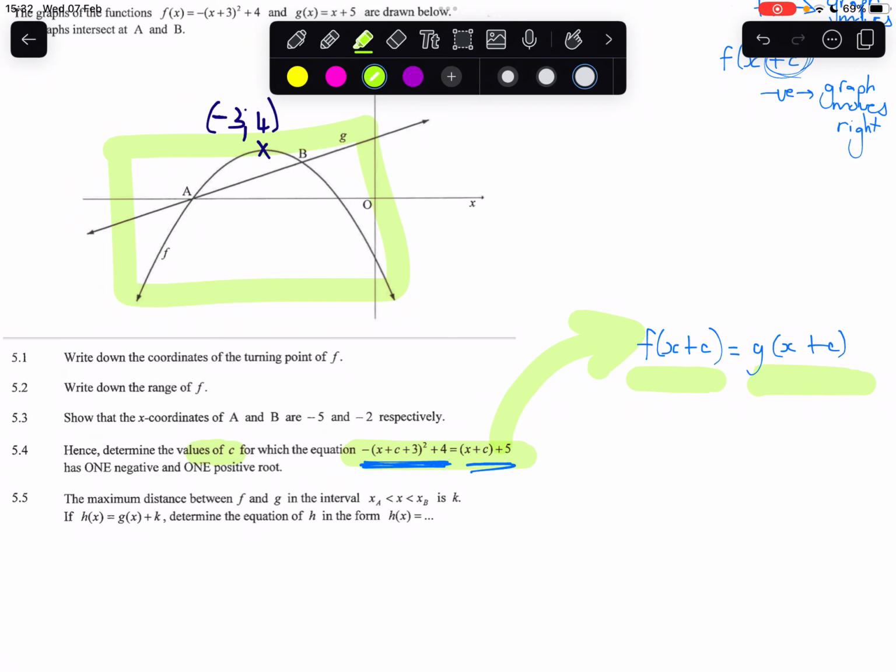So there's a certain number of units. Right now, let's just write this down. The x coordinate of a is -5. Okay, and we don't know what the y is. I mean, we could figure it out, but we don't care. And the x coordinate of b is... it doesn't look like we're going to need this turning point, so I'm just going to rub that out for now.